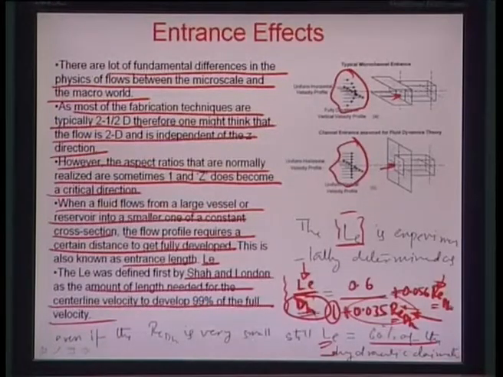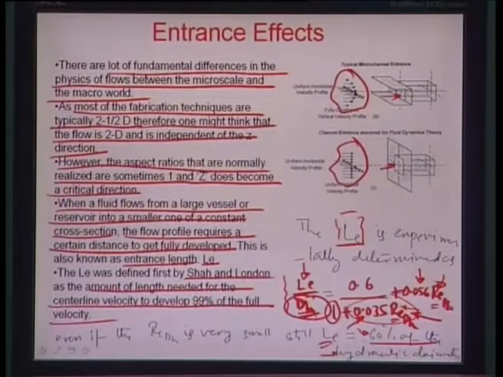This is the hydraulic diameter, the cross-sectional diameter. In cases where the Reynolds number becomes a little bigger, the contribution from these terms is significantly enhanced, and therefore the entrance length becomes less than 60% of the hydraulic diameter.